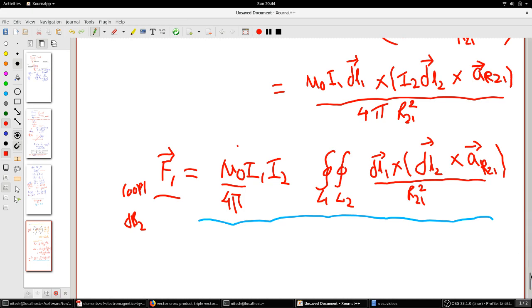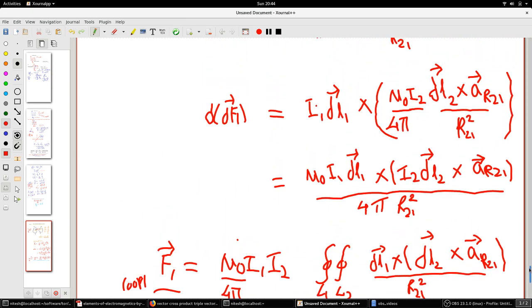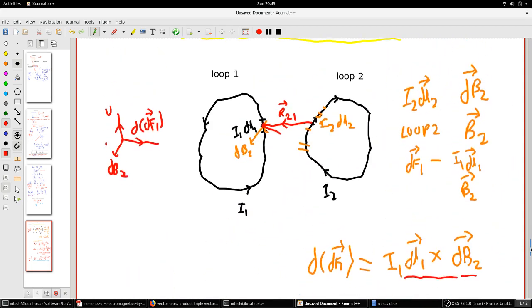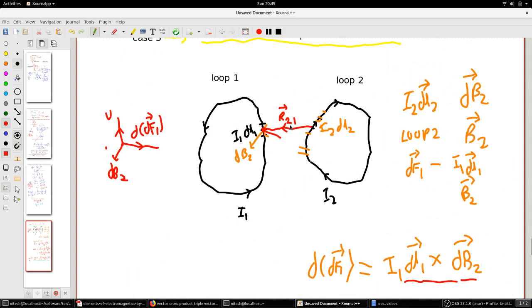This I2 dL2 is a current element in loop 2 and aR21 is a unit vector R21 from loop 2 to loop 1. So this is the unit vector. This is the distance from loop 2 to loop 1. The direction is pointing towards loop 1. aR21 is the unit vector in this direction.